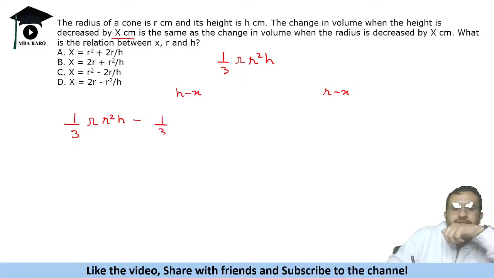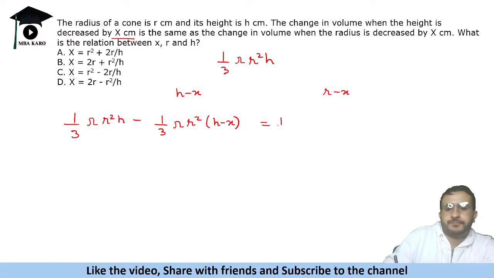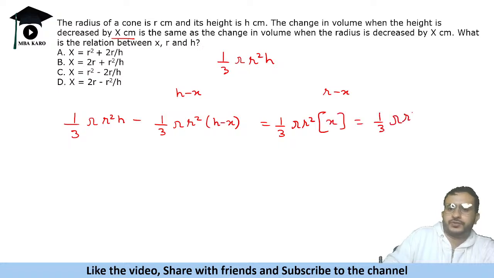The new volume is 1/3 pi r square (h minus x). ठीक है, ये सब्ट्रैक्ट कर लेते हैं. सो 1/3 pi r square is common. So this becomes h minus (h minus x). So h minus h कैंसिल हो जाएगा, x बचेगा. सो 1/3 pi r square x.